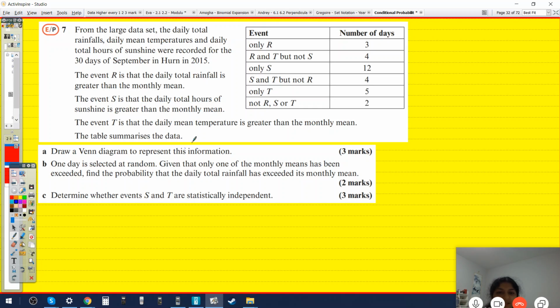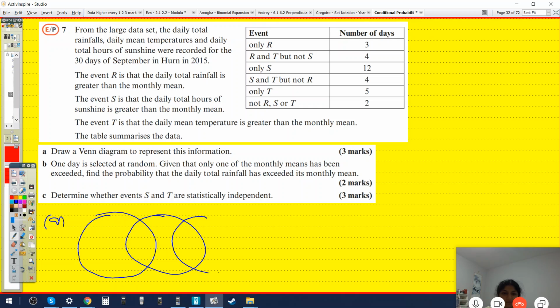I'm just not seeing R and S and T. Oh yeah, there's no middle thing. So then it should be in a straight line. This is my guess to begin with. Yeah, because there's no middle.